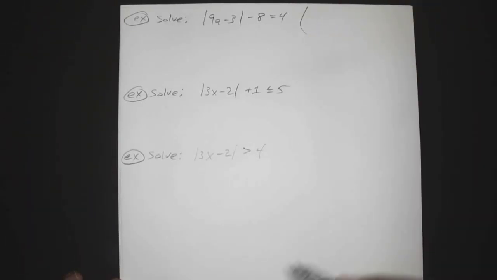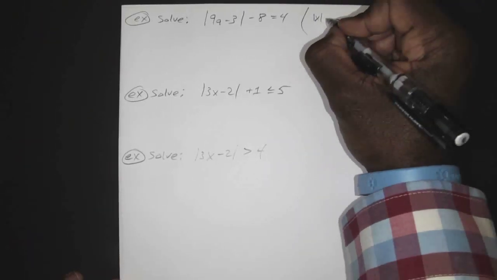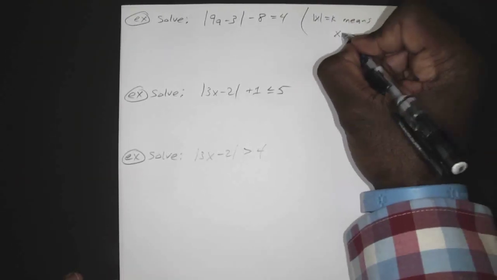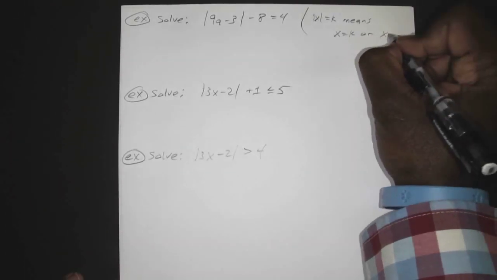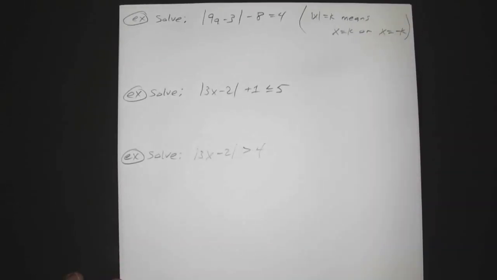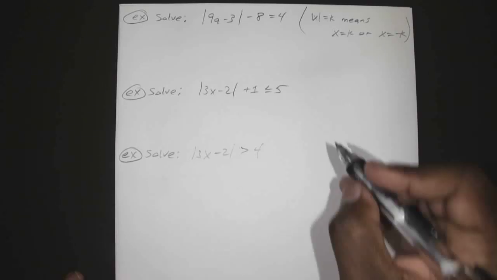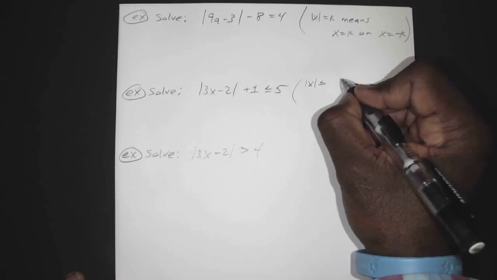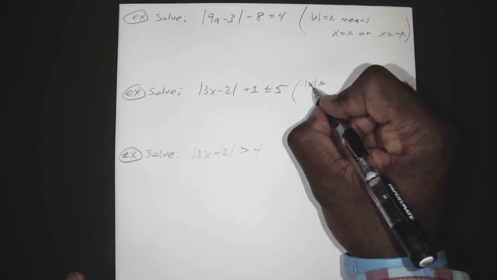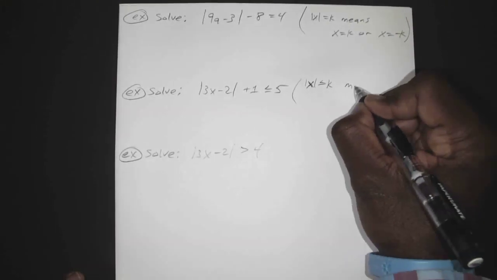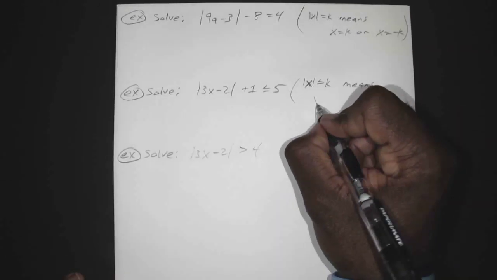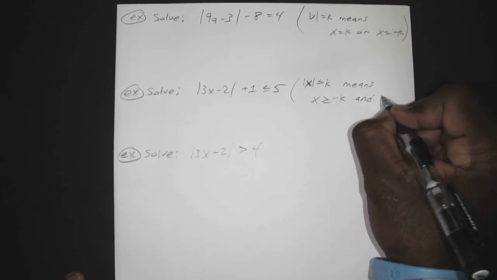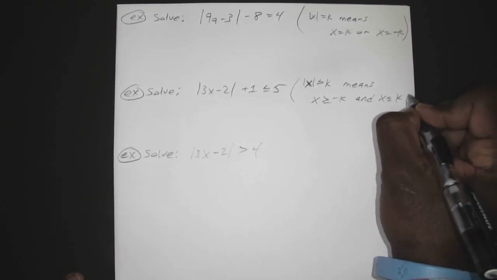And I'll write the general solution next to them. Absolute value of x equals k means that x equals k or x equals negative k. Okay, so for this one, absolute value of x is less than or equal to k means x is greater than or equal to negative k, and x is less than or equal to k.